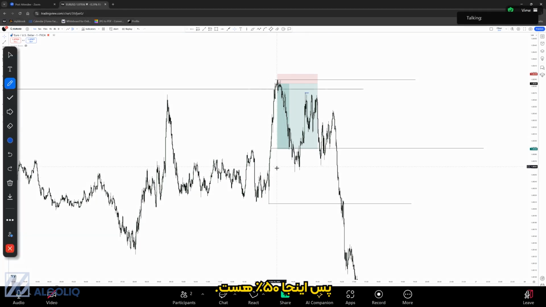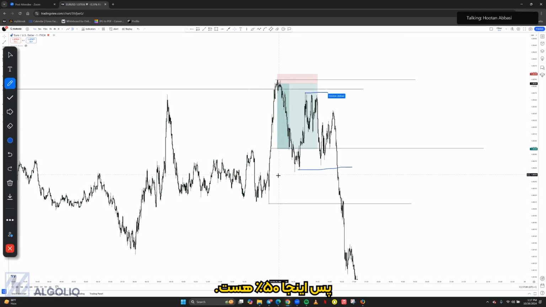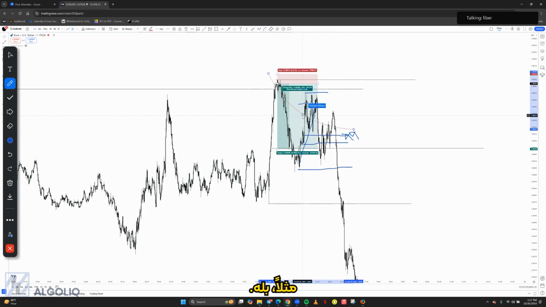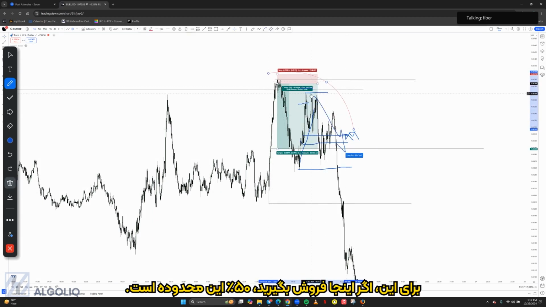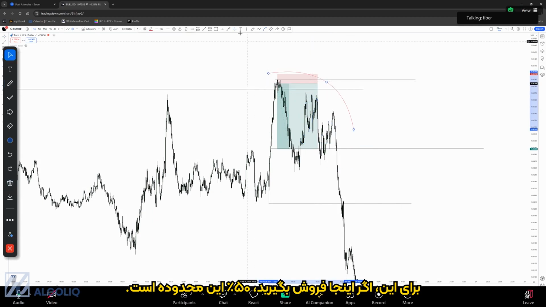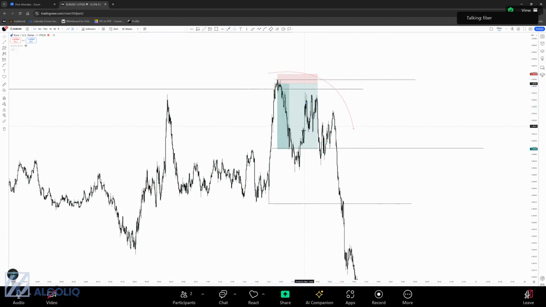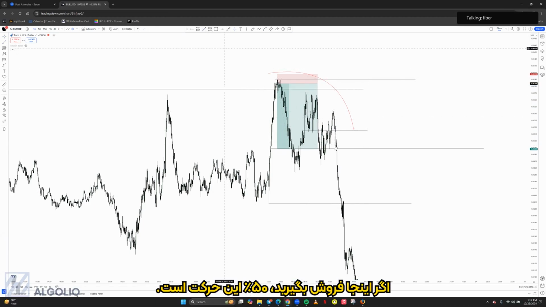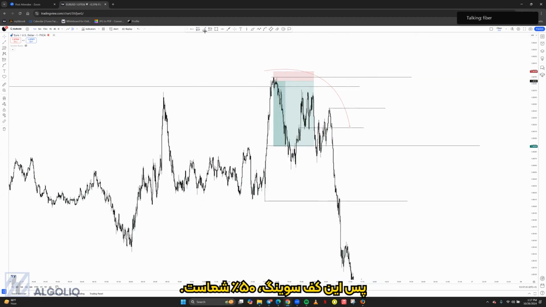All right. So for this sell, this is 50%. For example, here, if you take a sell right here, the 50% is this push from this high. So this low is your 50%.